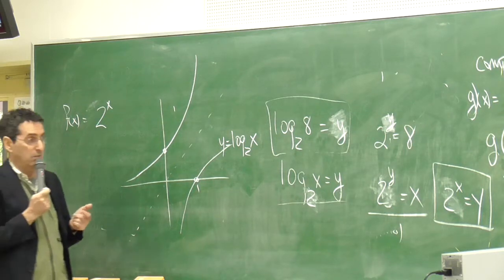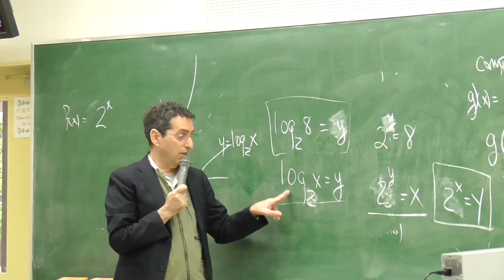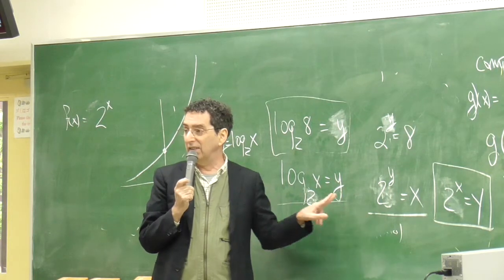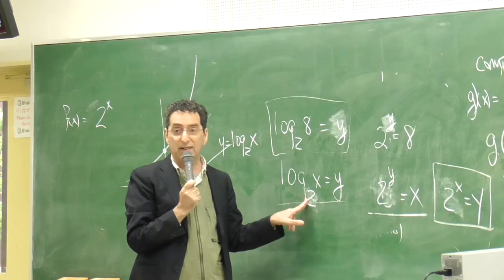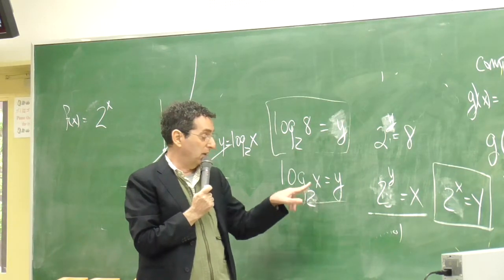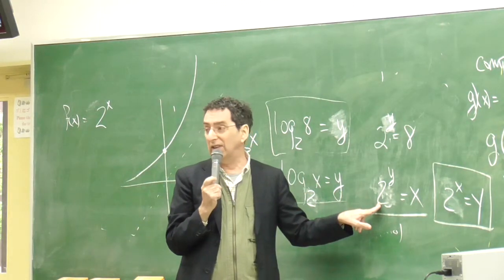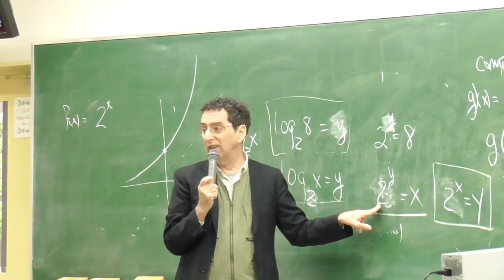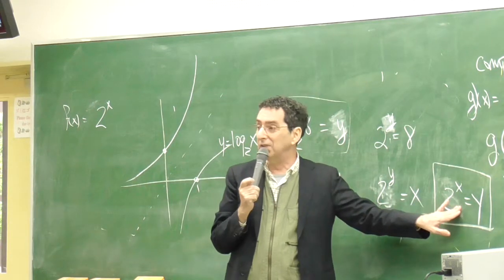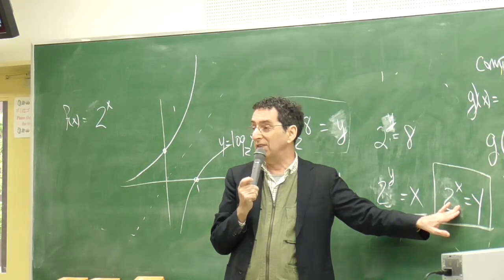In fact, what's the definition of this? How do you calculate this? You just say, what do I have to raise 2 to get this? So that means this. This is the definition of it. So the definition of this is just that it's the inverse of this, really.